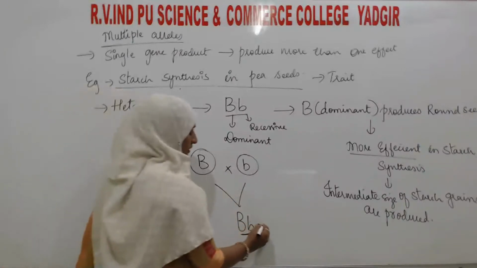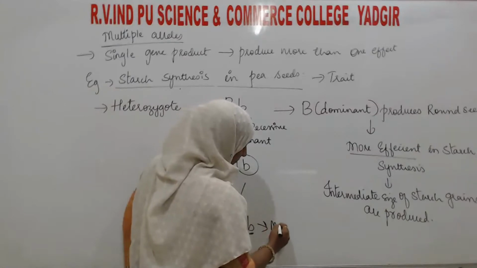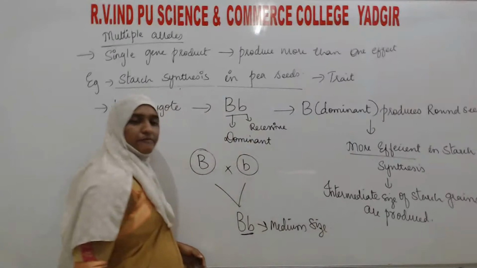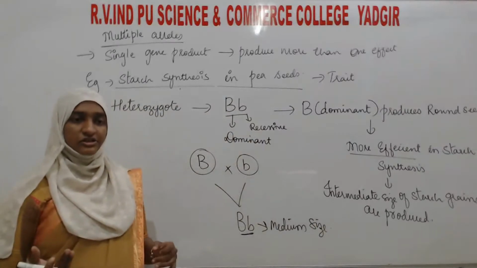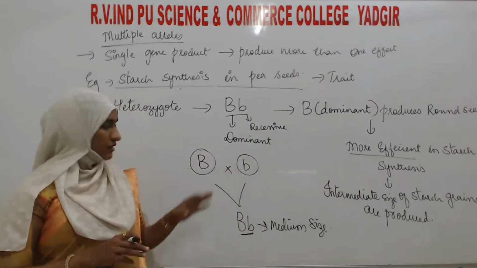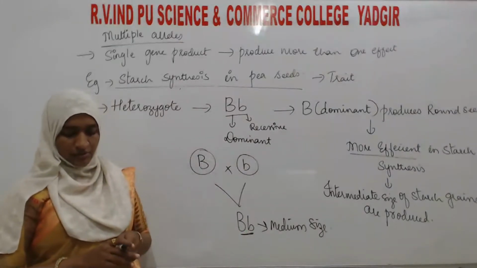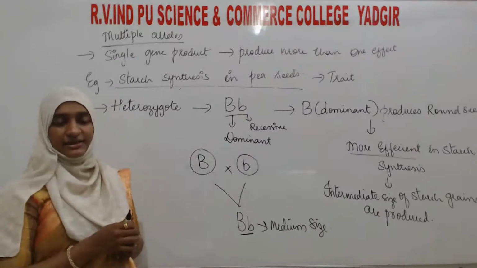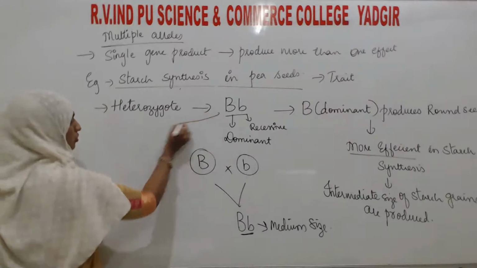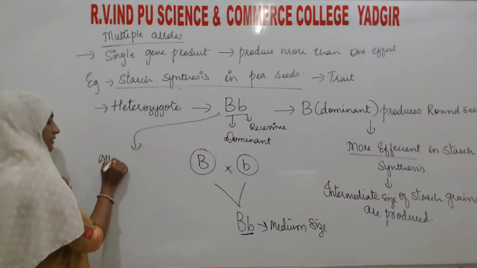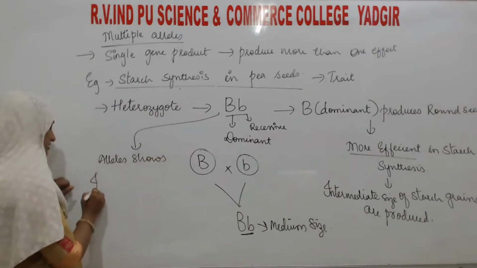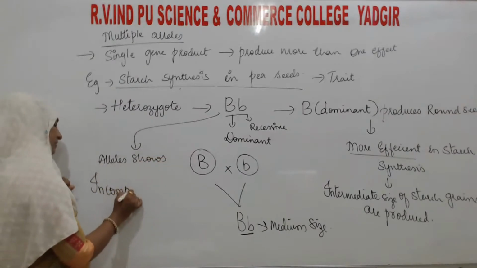This will become the intermediate or medium sized starch grain. Not too large, not too much starch, because both are going to express. So this is about the starch grain size, which we can consider the phenotype. These alleles show incomplete dominance.